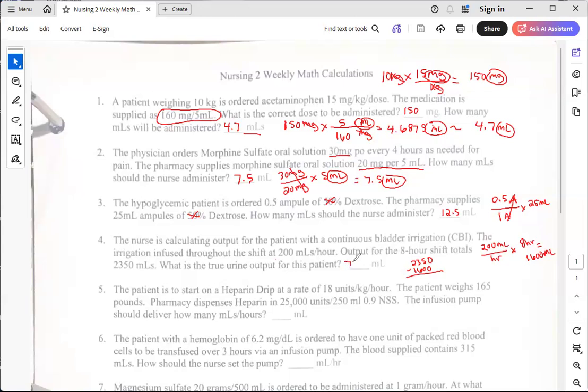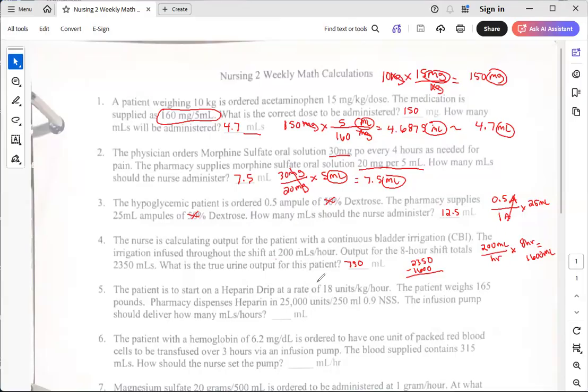I haven't seen a question like this, so this is my best guess without knowing the key of what they're asking you to do, which is to calculate how much the patient voided in 8 hours, including the fact that they were being irrigated.